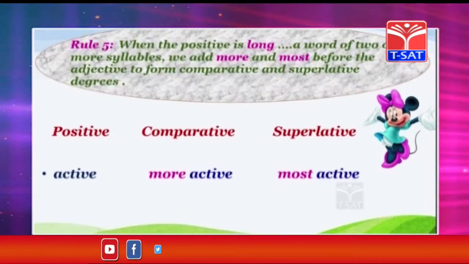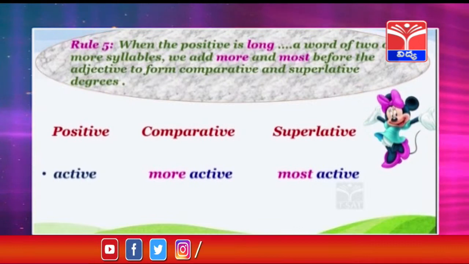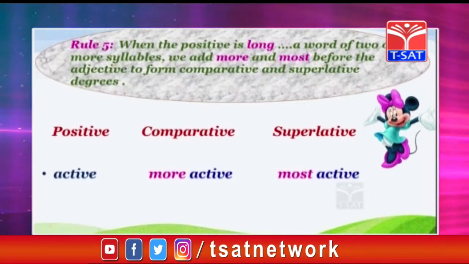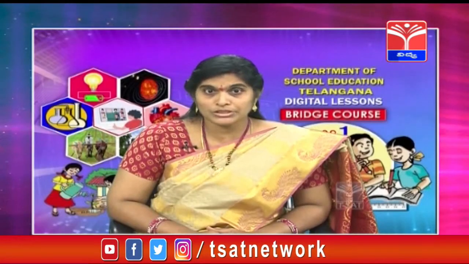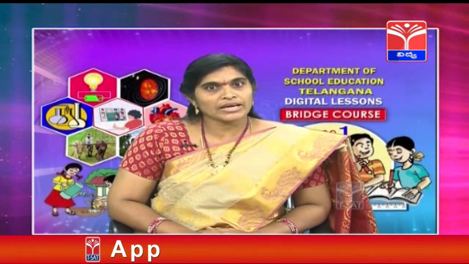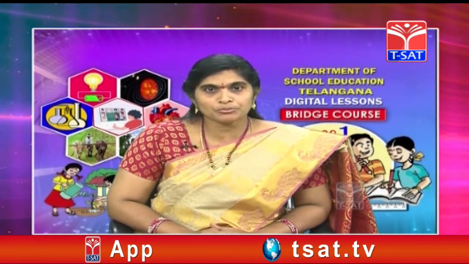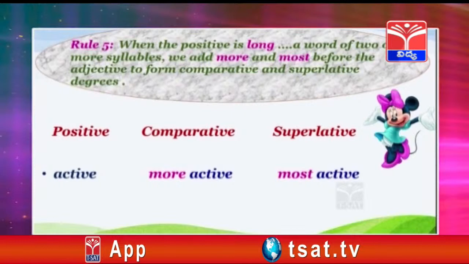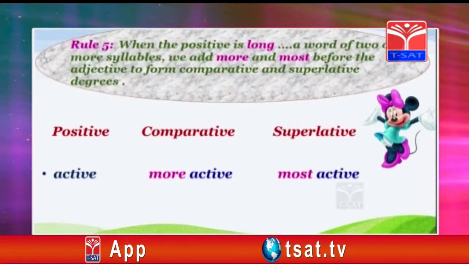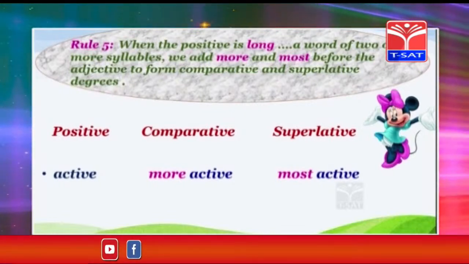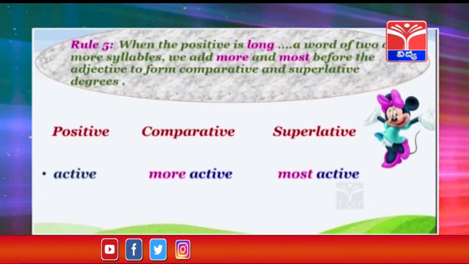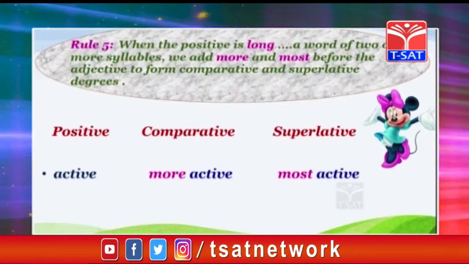For example, the word active. Will you add the letters ER here, children? No, we should not add. Here we have to add the word more to make it comparative, like more active, and the word most to make it superlative, like most active.